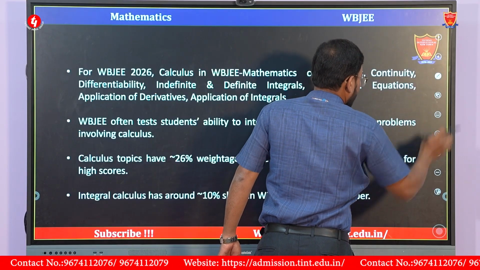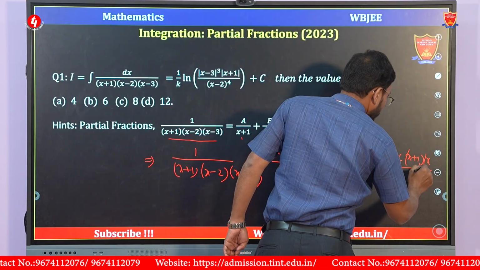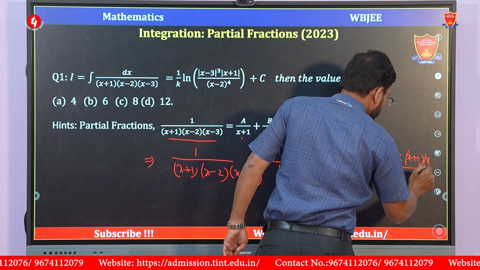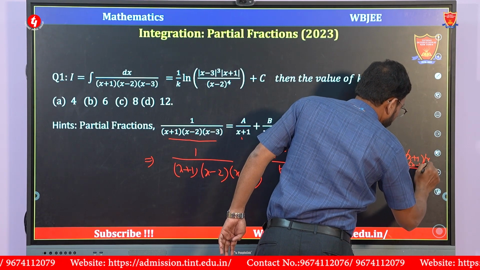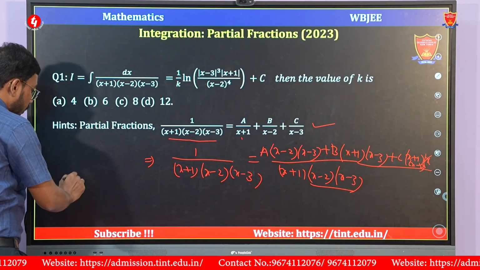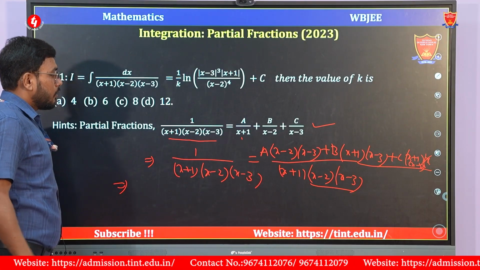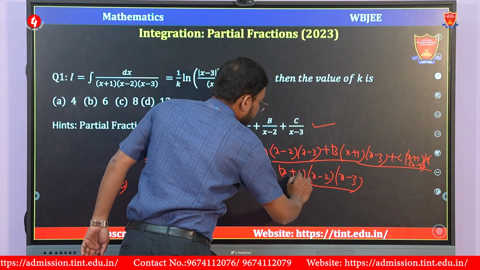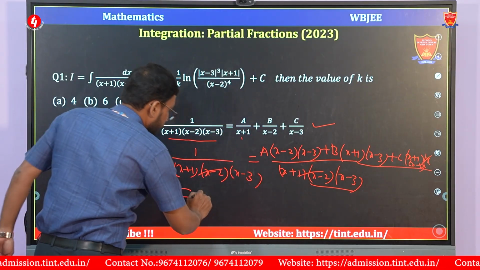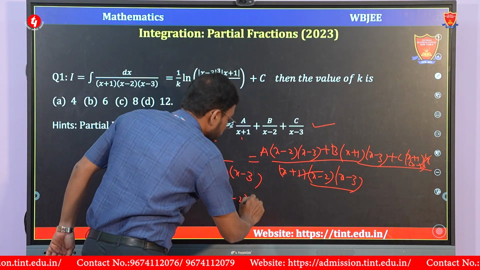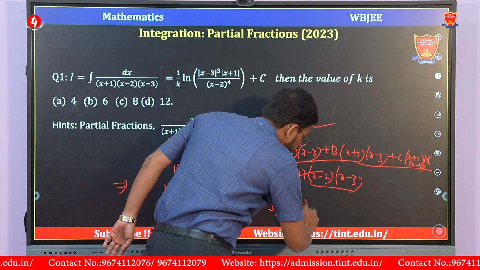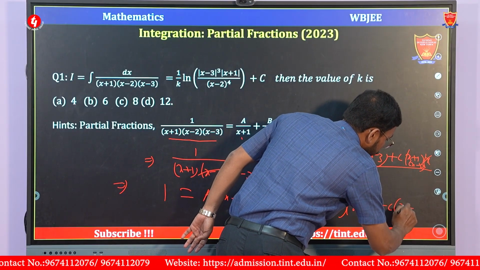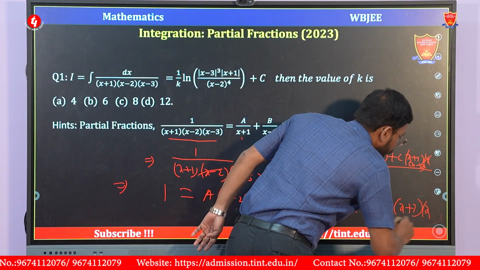Okay. So, from here just compare, you get 1 is a into x minus 2 x minus 3 plus b into x plus 1 x minus 3 plus c into x plus 1 x minus 2.